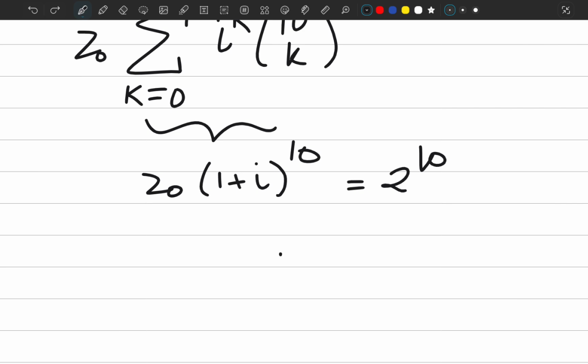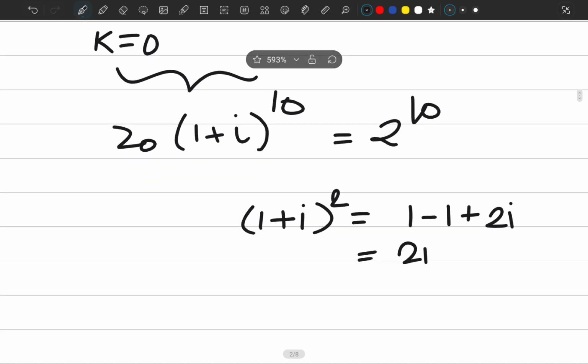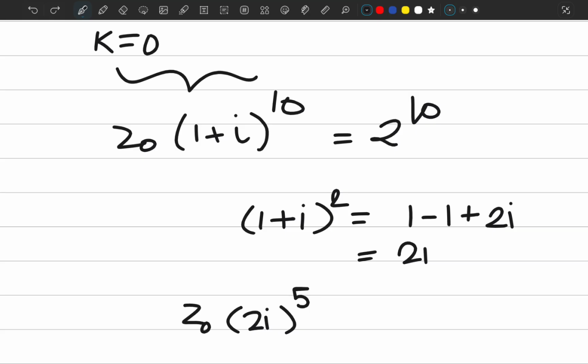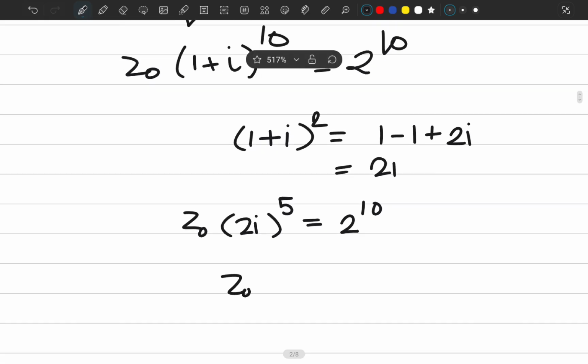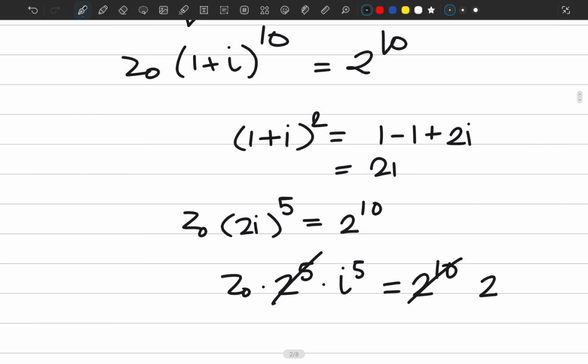(1 plus iota) squared is 1 minus 1 plus 2 iota, that is 2 iota. So this is (2 iota) to the power of 5 times z0 equals 2 to the power of 10. This gives us z0 times 2 to the power of 5 times iota to the power of 5 equals 2 to the power of 10. On cancelling, we get 2 to the power of 5, that is 32.